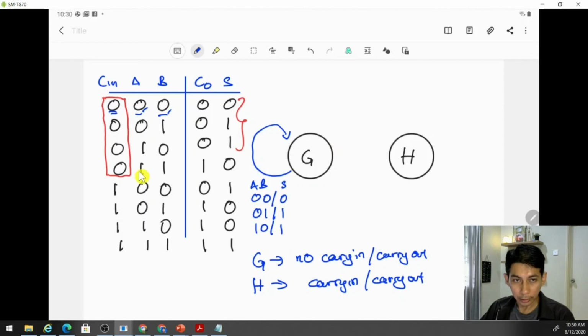But 1, 1 here, you have carry out. So when you have carry out, you cannot stay at G. You need to go to H because you have carry out.